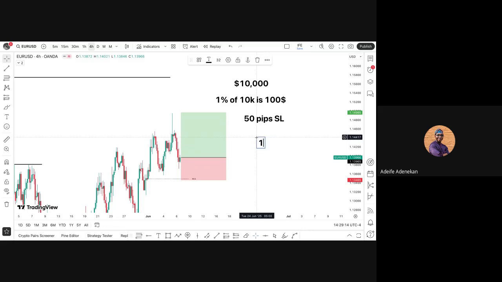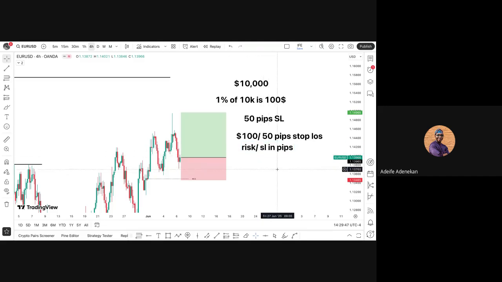You calculate $100 divided by 50 pips stop loss. Follow this math. So take your time and follow the math. $100, that's your risk. Let me put it this way: risk divided by SL in pips. So $100 divided by your stop loss should give you $2, or should give you two.